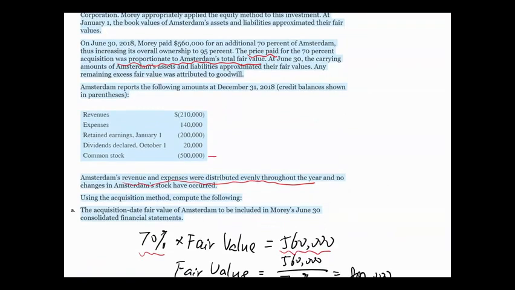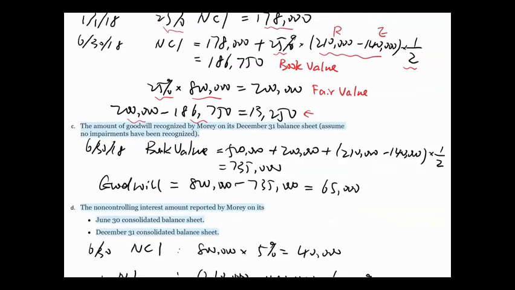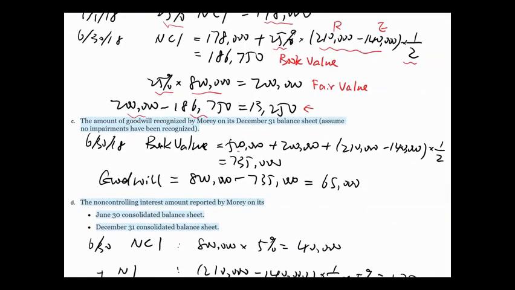So we can use the common stock and retained earnings to get the book value. The retained earnings on June 30 should equal its beginning retained earnings plus the net income earned during that half year. There's no dividend paid in the first half year, so there's no dividend. So the total book value on June 30th is this amount.